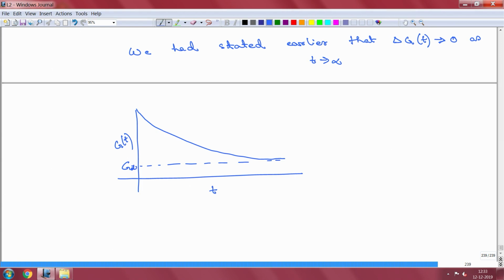Now, if this functional form is valid for the stress relaxation function, then you can make an additional observation, and that observation is that the derivative of this also goes to 0 as time goes to infinity.